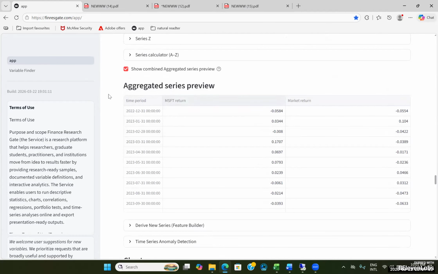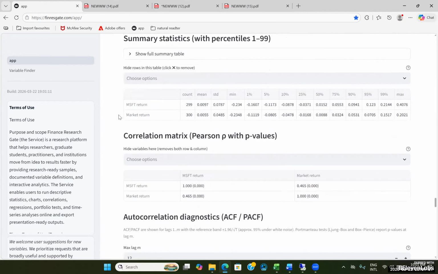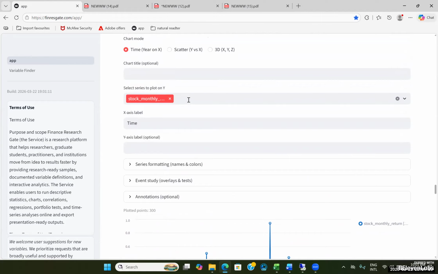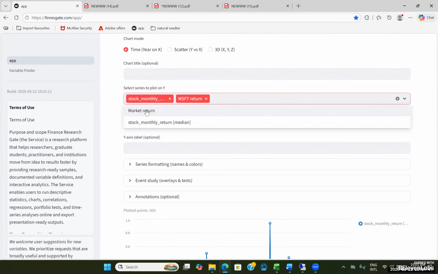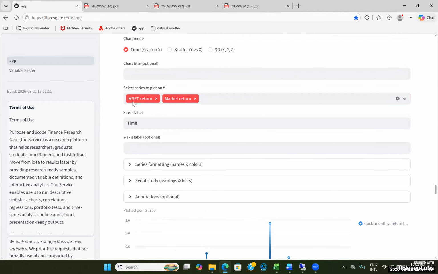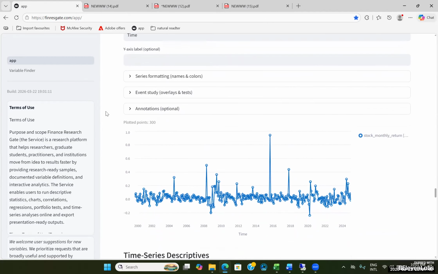We now possess our primary dependent variable, y, and our key independent variable, x. We can plot them here to visualize the monthly performance of Microsoft's stock.